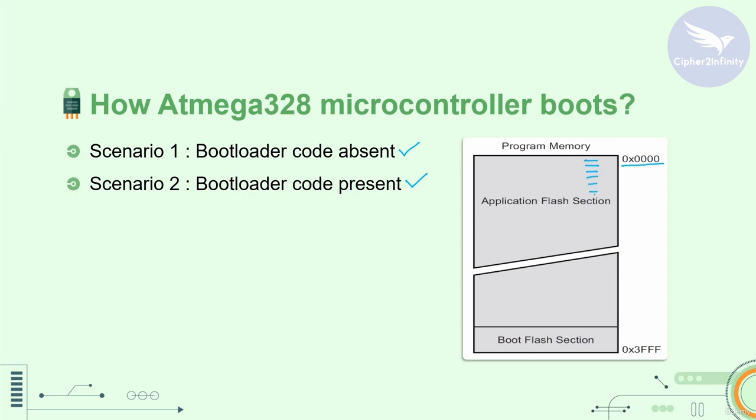Okay, so it's going to fetch the instruction from each address, and line by line execute the code from the application flash section. So this is the case when the bootloader code is absent.